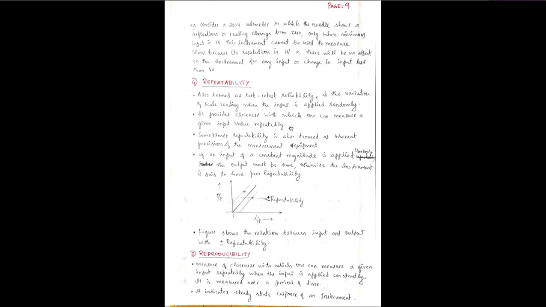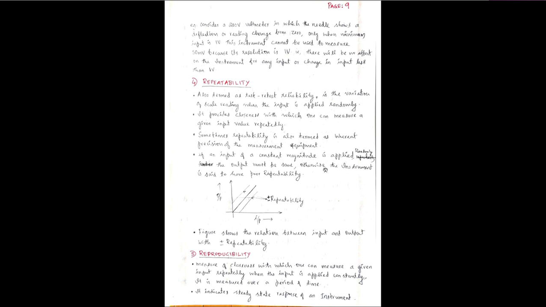It provides the closeness with which one can measure a given input value repeatedly. A given input value is measured again and again, and how close the outputs are shows the repeatability. If an input of constant magnitude is applied randomly, the output must be the same, otherwise the instrument is said to have poor repeatability.